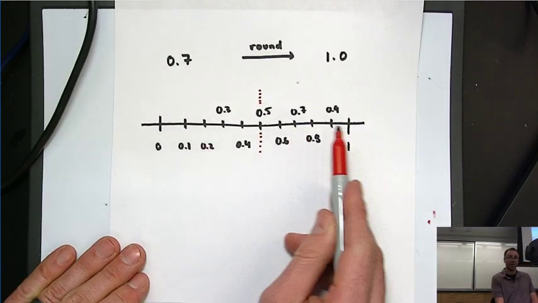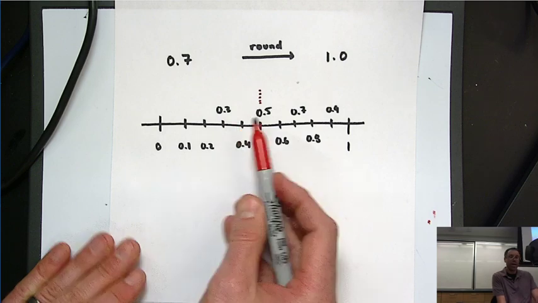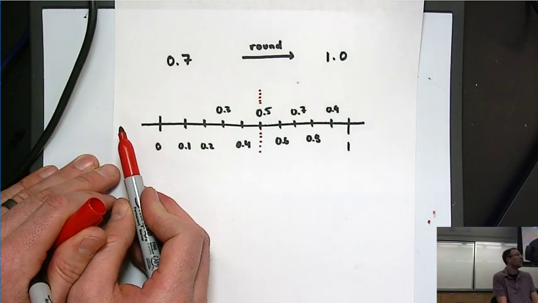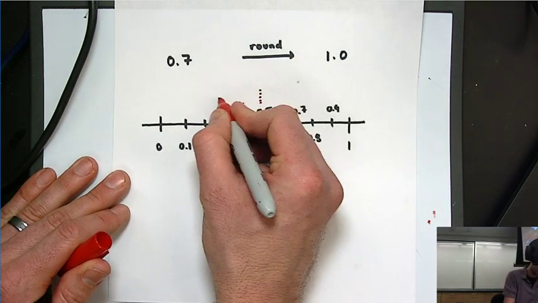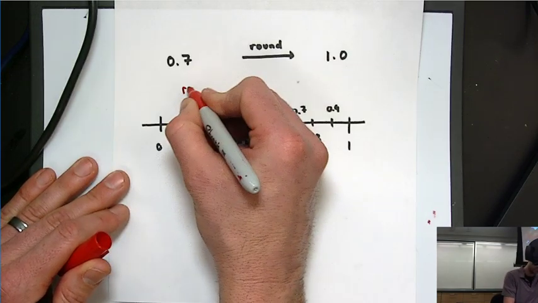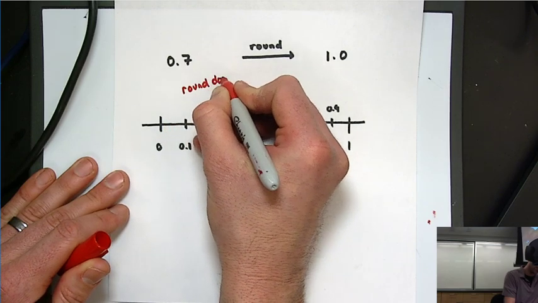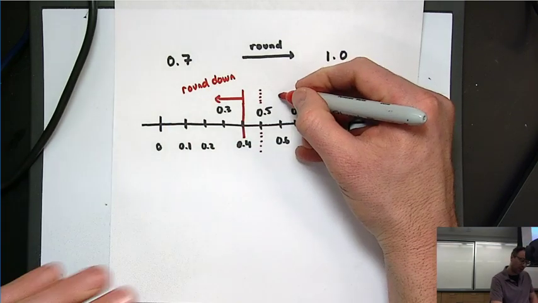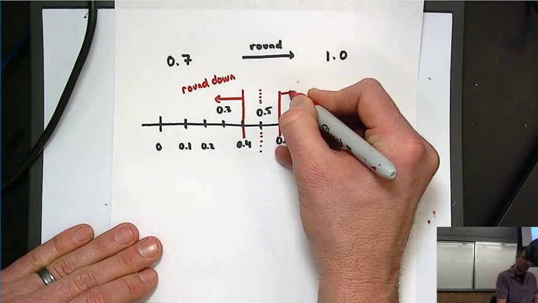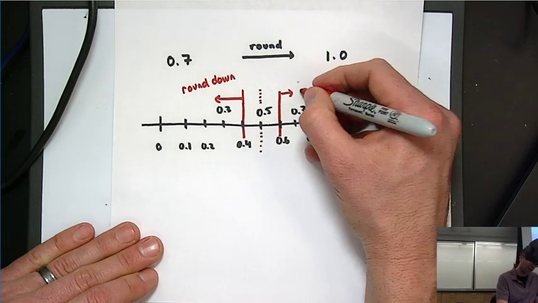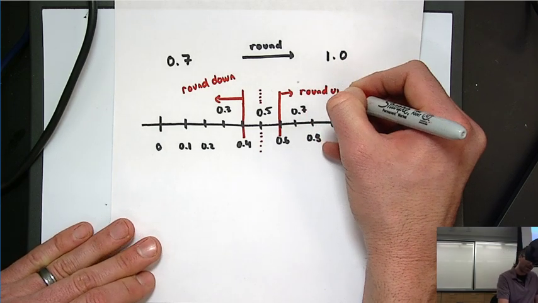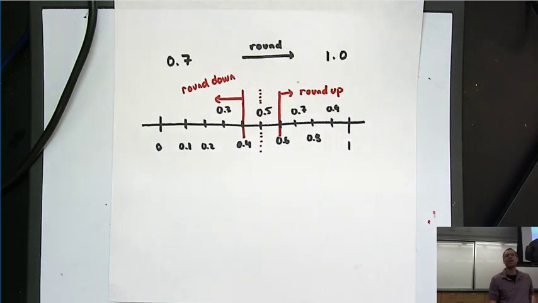Here's one side, here's the other side. There's 1, 2, 3, 4. If it's in the bottom 4, what do we say? Round down. So this thing right here is a clear round down. What about this one right here? If it's in the top 1, 2, 3, 4, what do we say? Round up. What if it's exactly halfway in between? There's some ambiguity there, right?